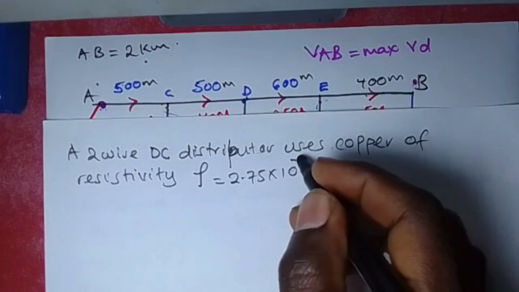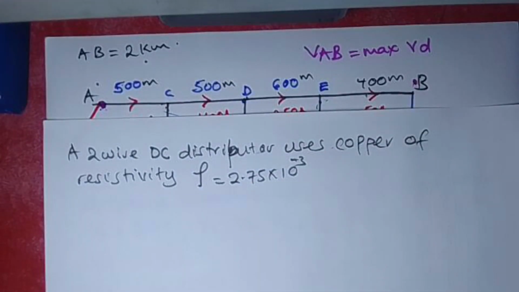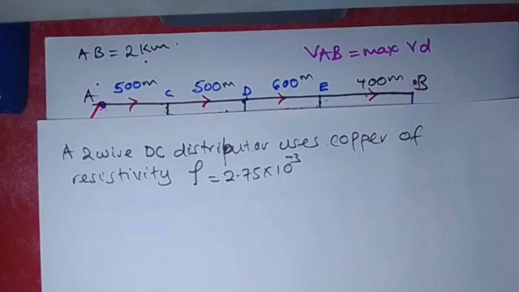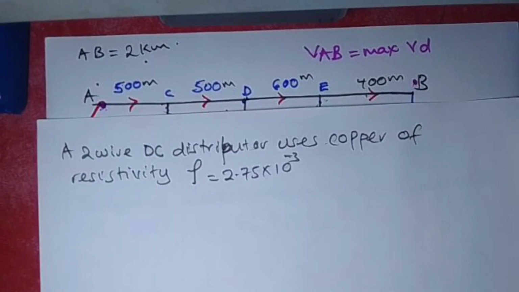I don't know the exponent, but they will always state it. So when they give you resistivity, it is a standard value. It does not cater for both of the wires. It caters for only one, because it is the material property.